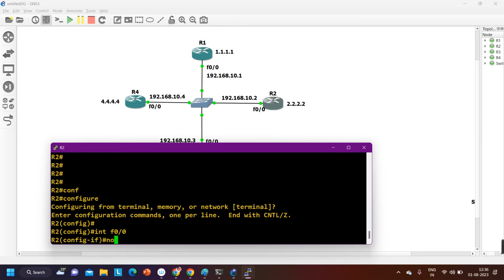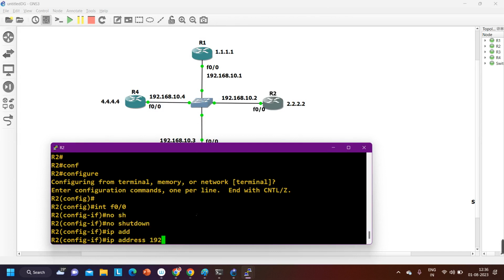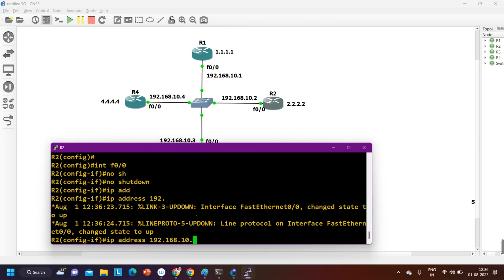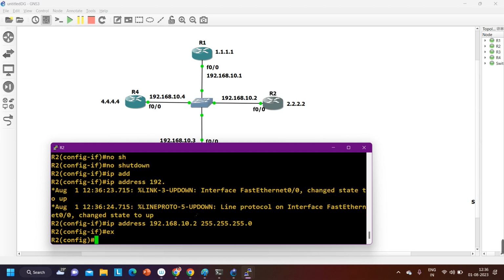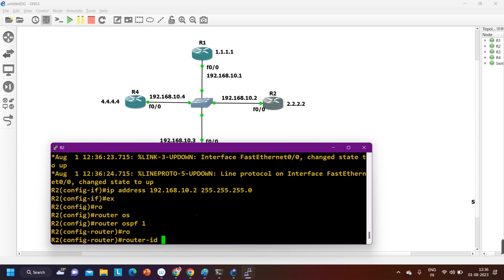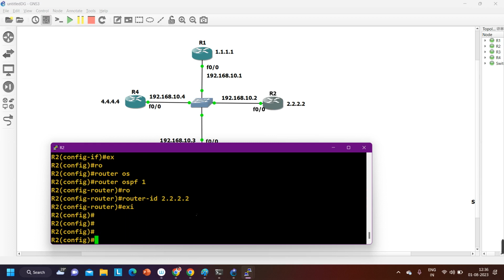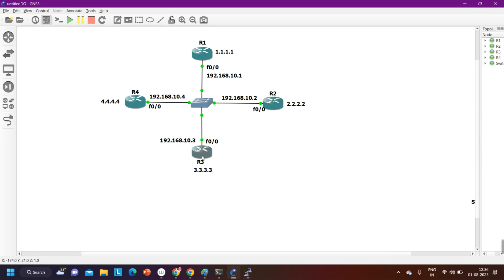Interface F0/0, no shut, and IP address is 192.168.10.2. Router OSPF 1 and router ID is 2.2.2.2. In OSPF I am just configuring the router ID now, nothing else.